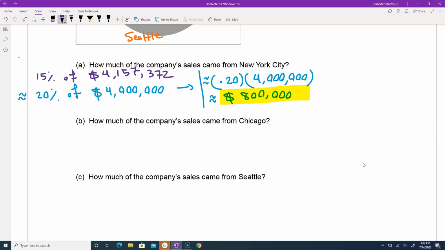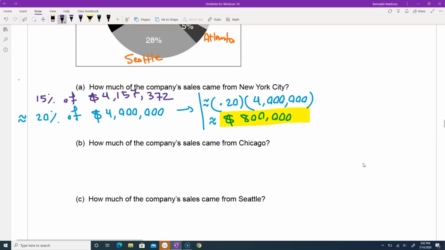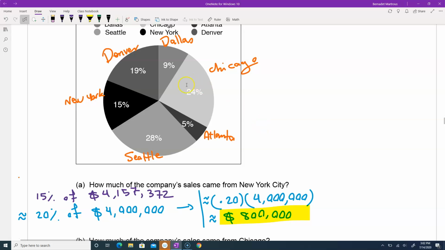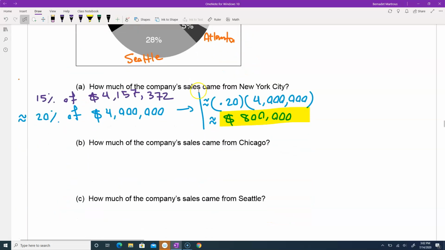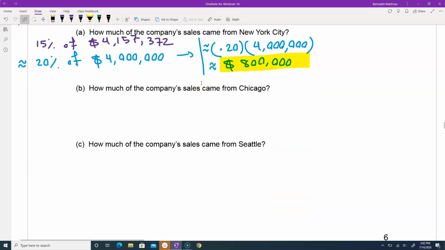Now, how much of the company sales came from Chicago? For that part, we have 24%, exactly the same as this, 24% of $4,157,372. But we have to round it exactly the same way that I did here.